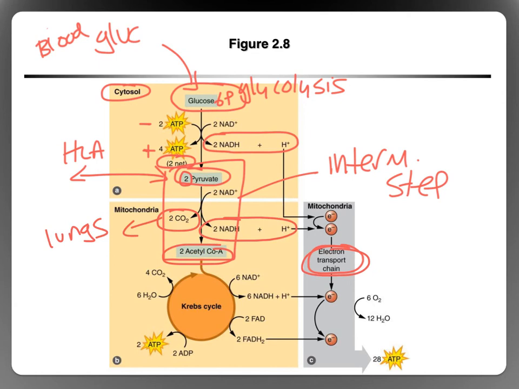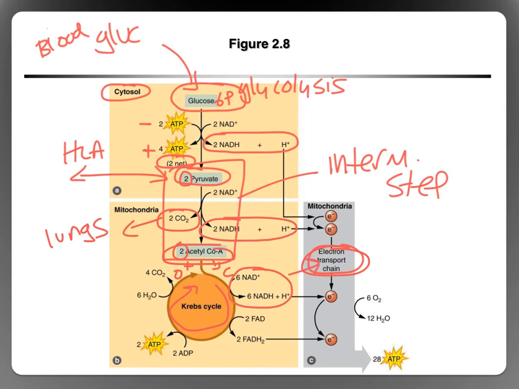So acetyl-CoA binds with oxaloacetate, gives us citrate, and now we go through the Krebs cycle. Okay. In the process of the Krebs cycle, and here we're talking about 2 of them, because we have 2 acetyl-CoAs, we get 6 NADH plus H, which go to electron transport.